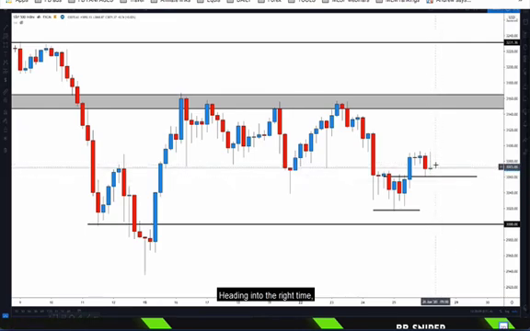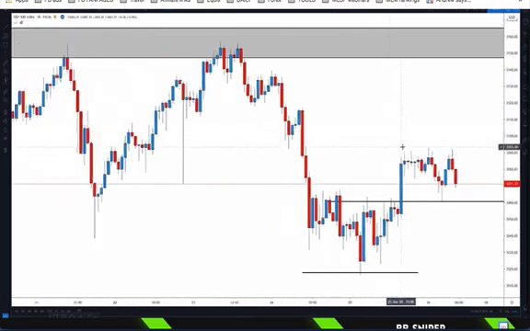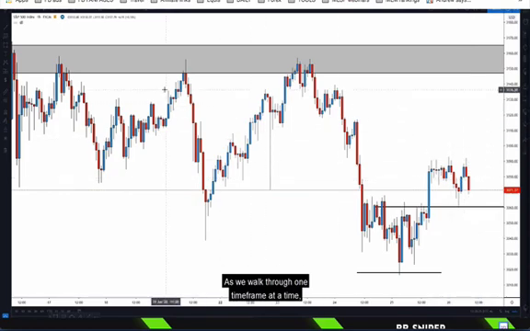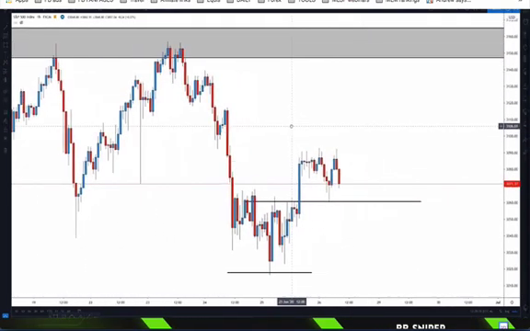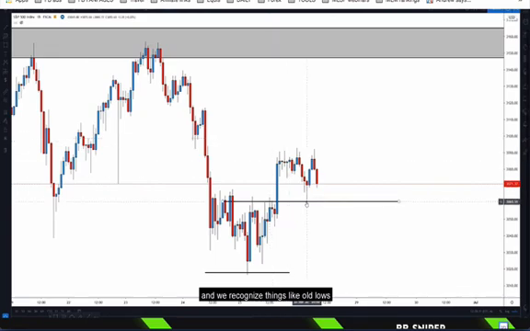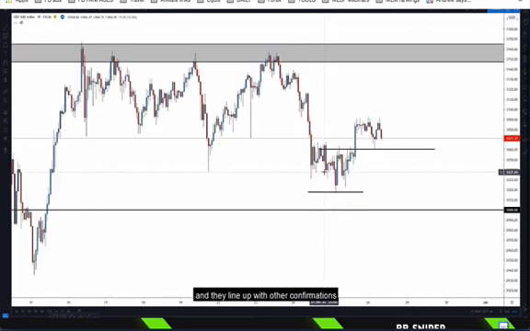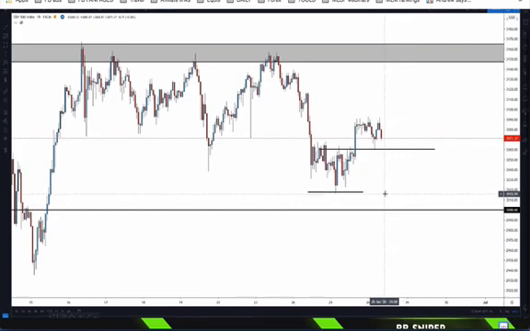Heading into the right time, New York Open, when the S&P 500 is generally most volatile. As we walk through one time frame at a time, and we recognize things like old lows or old highs that could get ran, and they line up with other confirmations we're looking for in the markets.